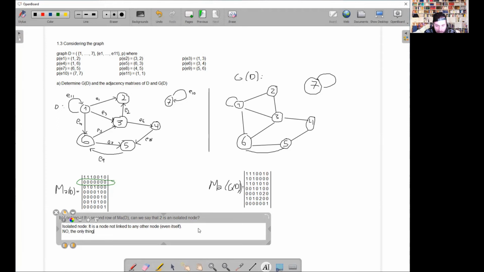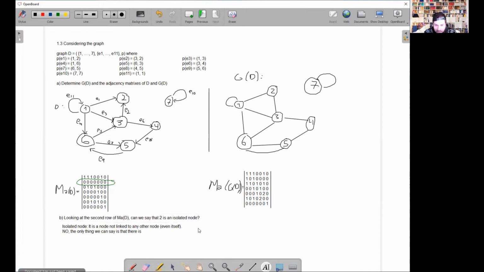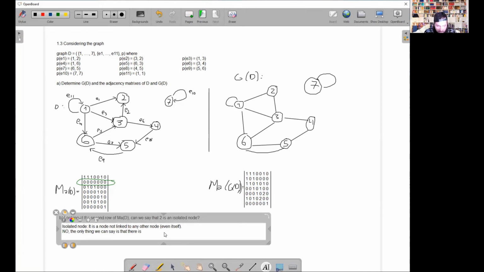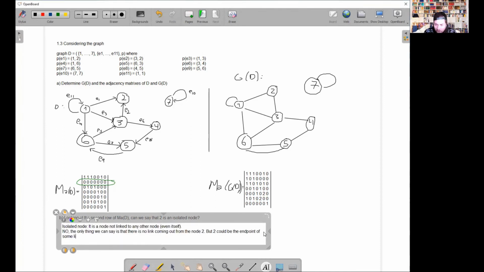The only thing we can say is that there is no link coming out from the node 2. But 2 could be the end point of some link.